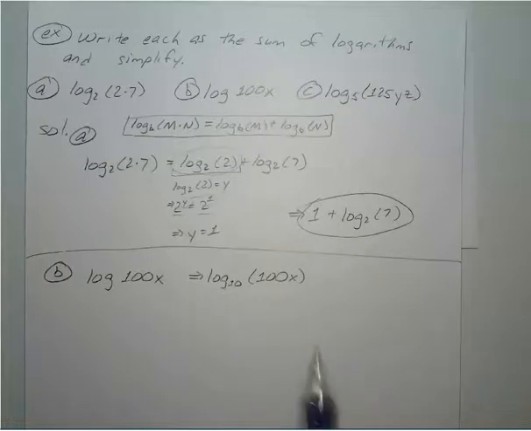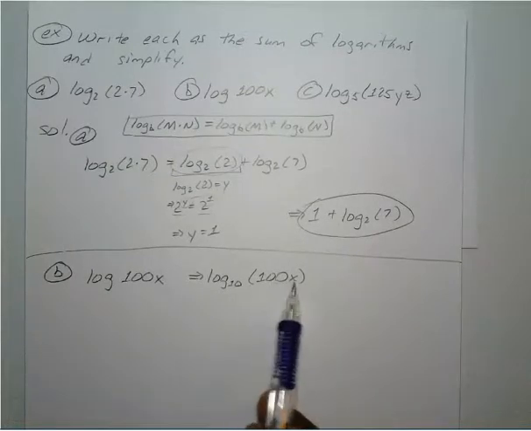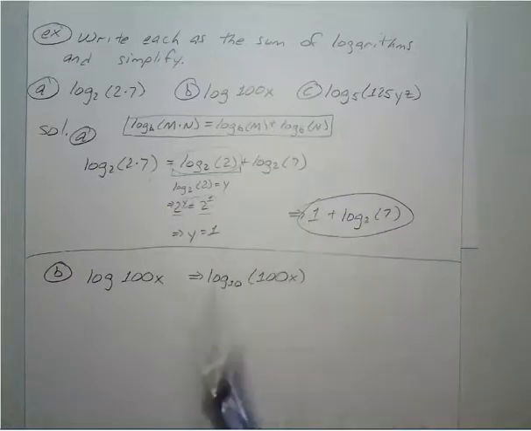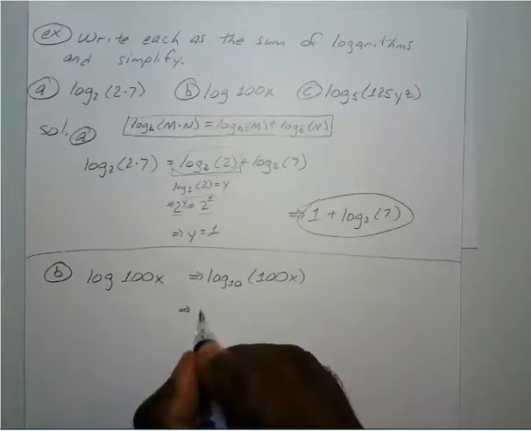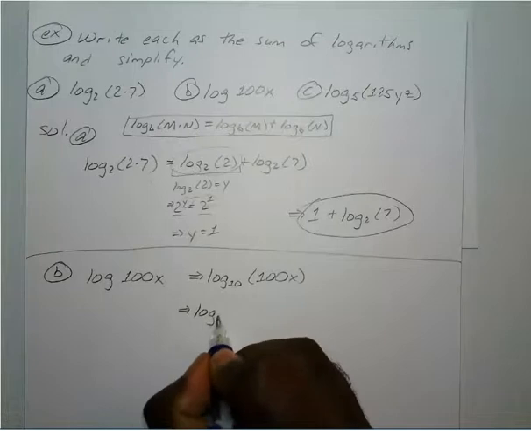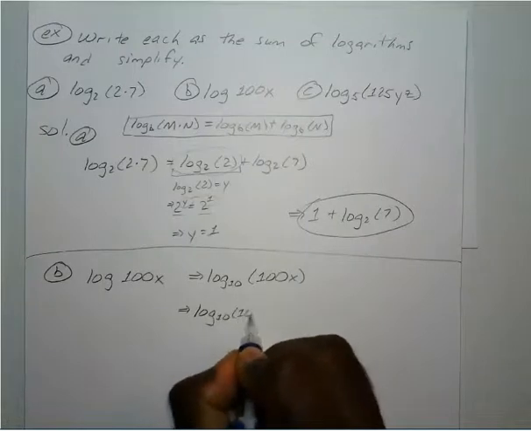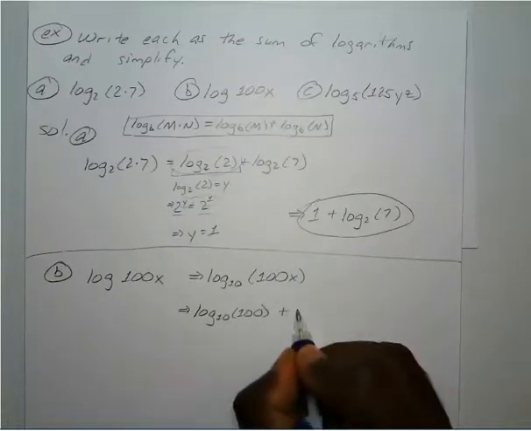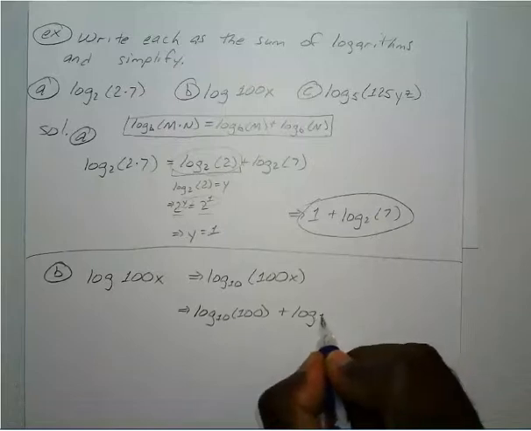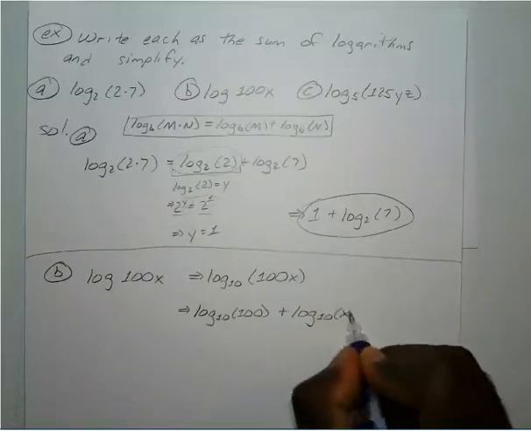Since we have a product inside, we can separate those using the very same formula. So that's log base 10 of 100 plus log base 10 of x.